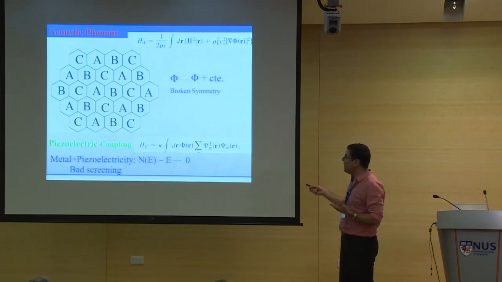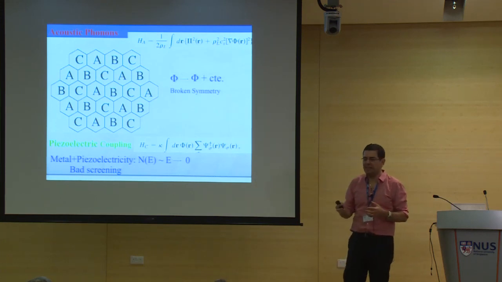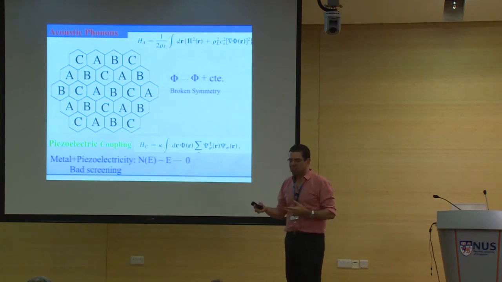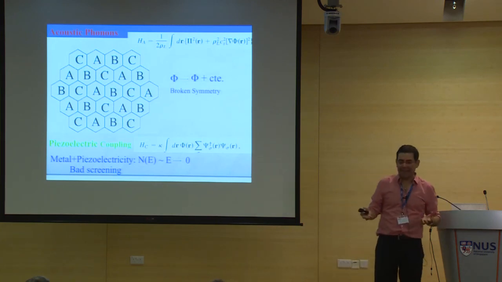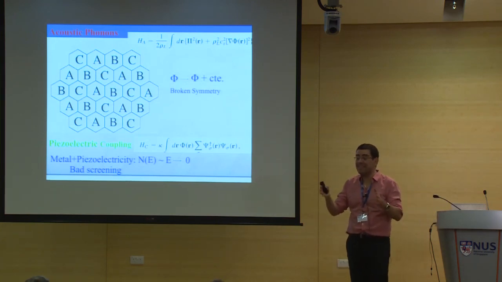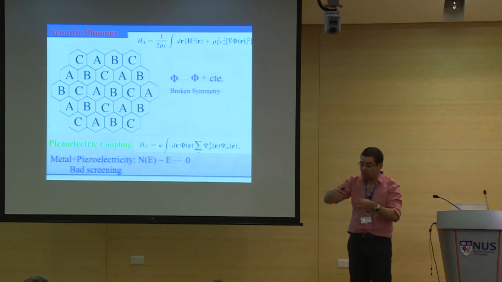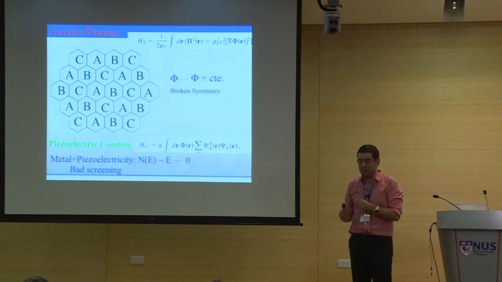And this is a bit exotic, because piezoelectric coupling in a metal should not happen because you have electrons to screen the electric fields. Right? Piezoelectricity means there are internal electric fields. So if you have electrons moving around, they will rearrange to screen that internal electric field. So how does that happen? It happens because these are Dirac particles. These are not normal electrons.